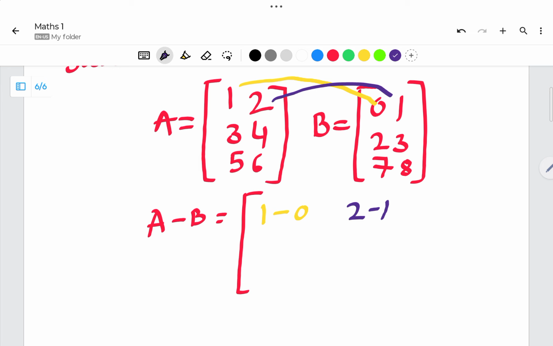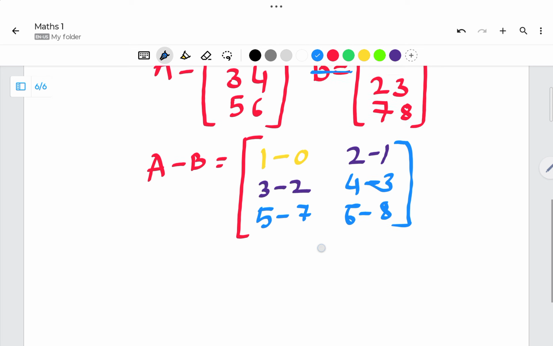Similarly, 3 minus 2, then 4 minus 3, then 5 minus 7, then 6 minus 8.